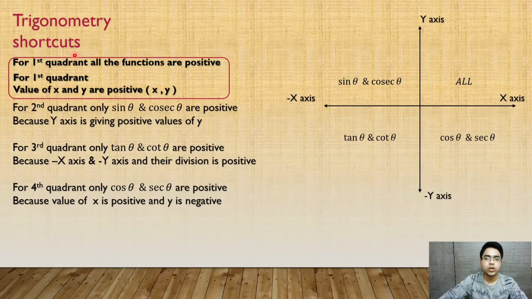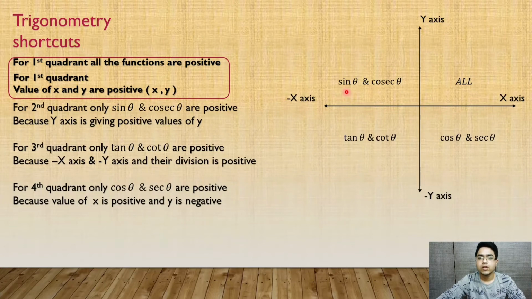some trigonometric shortcuts to remember, where the values of sine theta, cosec theta, tan theta, cot theta, cos theta and sec theta are positive or negative. Here in the first quadrant, x and y values are positive, hence all values of the trigonometric ratios will be positive. But in the second quadrant, the value of x is negative and y is positive.